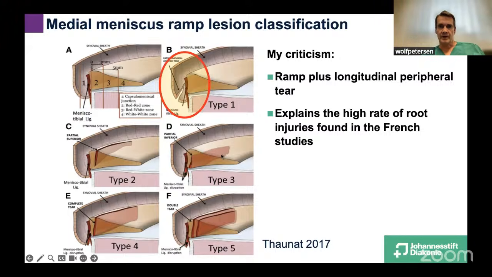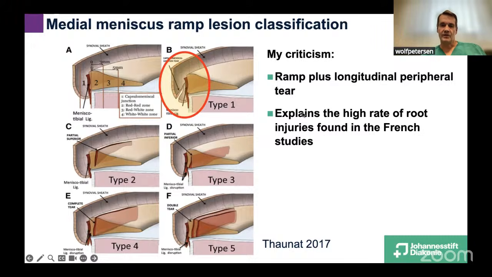All the others are ramp lesions plus a longitudinal peripheral tear. And maybe this complex classification explains the high rate of ramp lesions found in all the French studies.